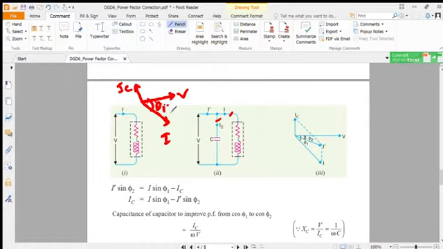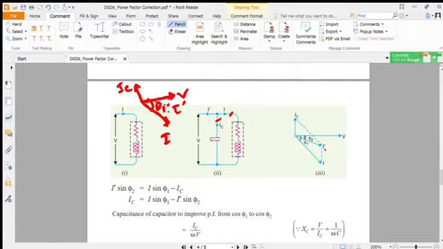If we put a dotted line here, then we get the resultant, this is I prime. Note that this current is never here because, according to the phasor diagram, this magnitude is lower and this is higher, and it will never cross that angle.